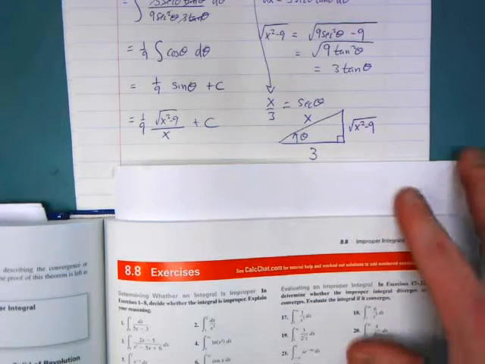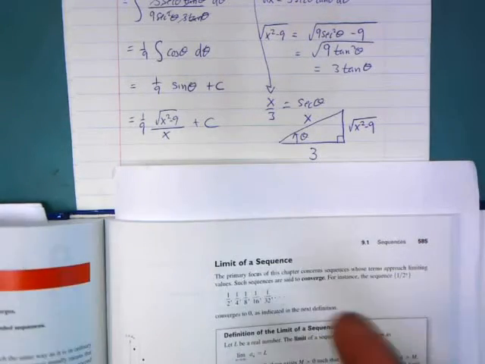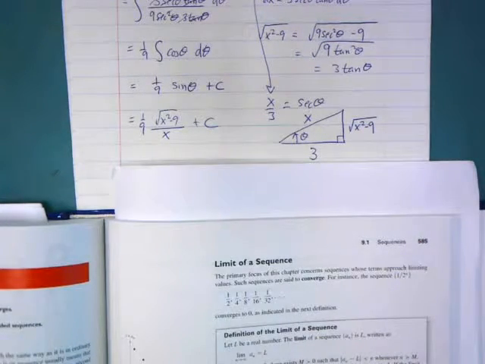After 8.8 is test number 3, or 9.1, depending on how we want to do things. We're going to have the test before the break, definitely, because we've got this week and next week before the break. There's no point in going on break and coming back and being like, hey, let's come back into it.